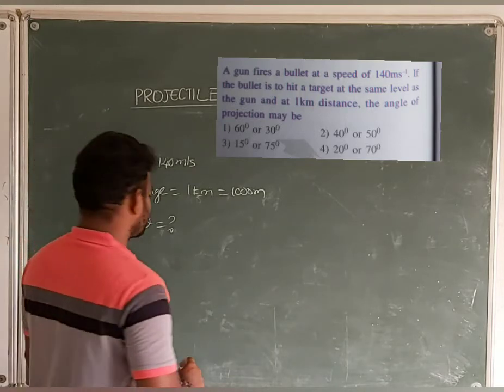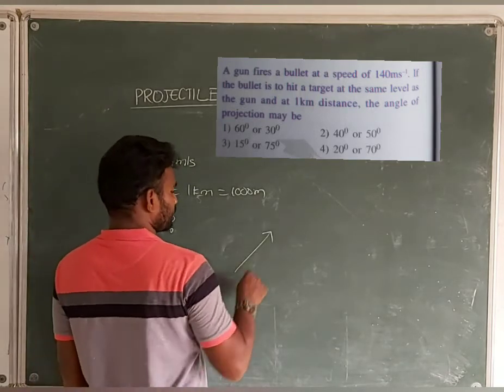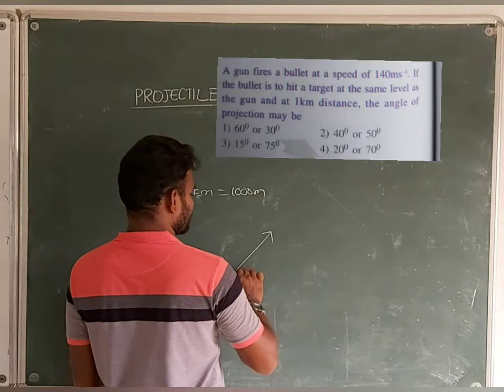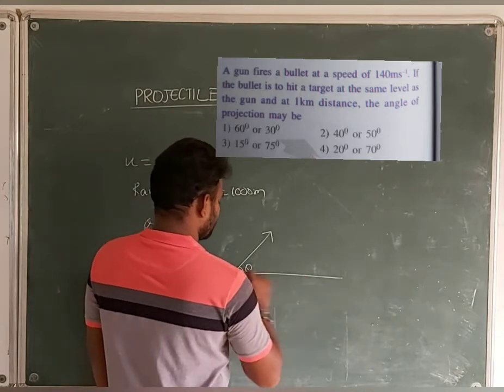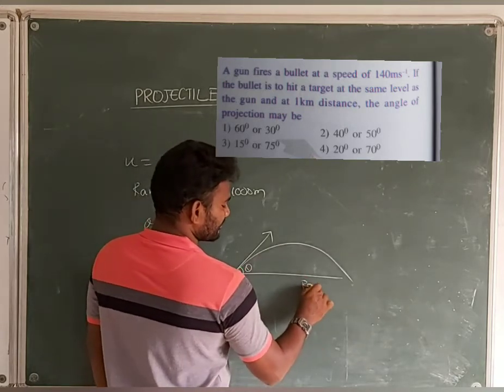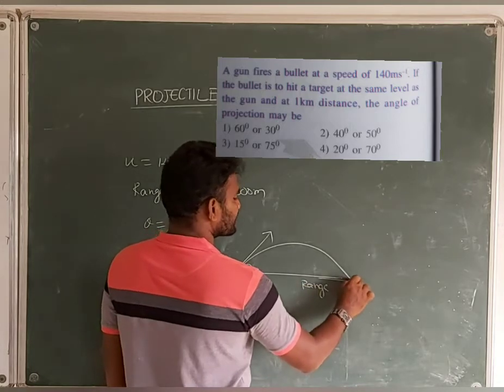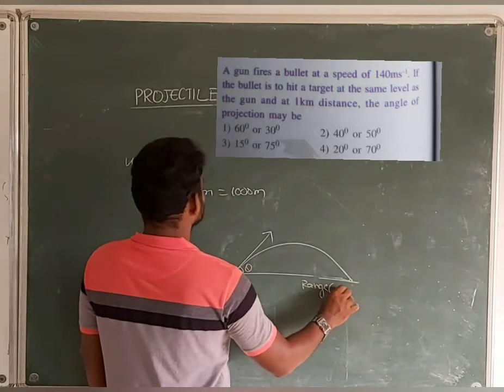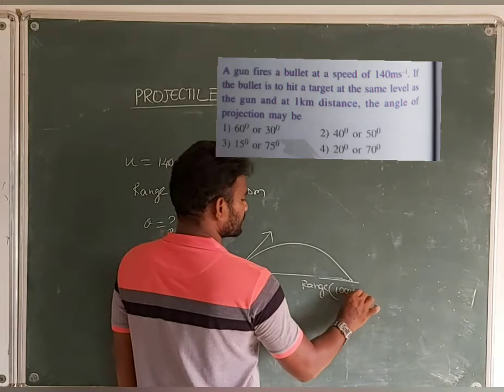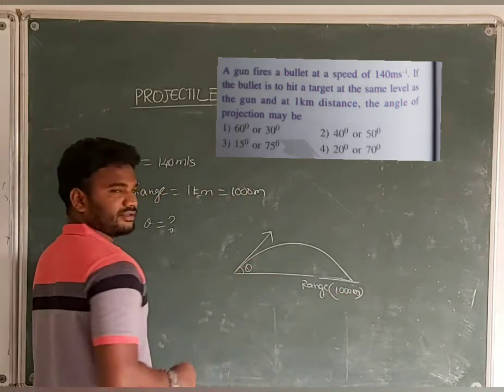Very simple question, students. The gun is projected with an angle of theta. The range is given, the target is at a distance of 1 kilometer, that is 1000 meters. They are asking what the angle is.